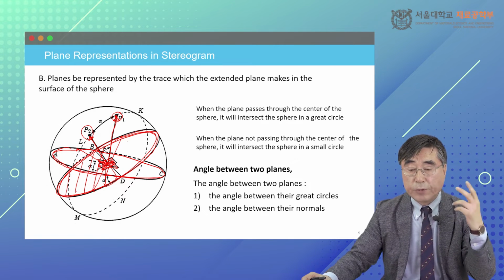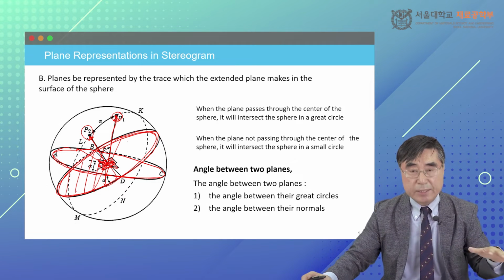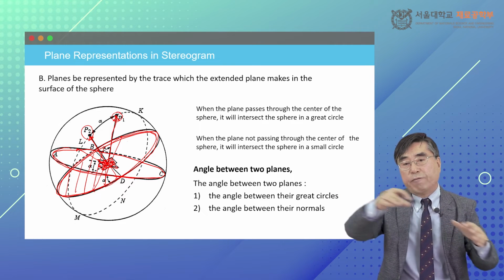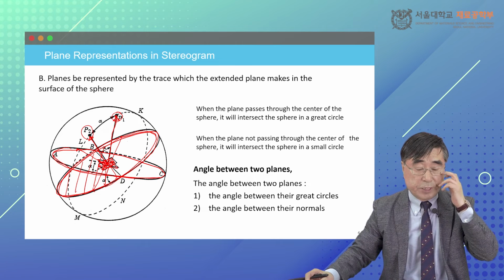So there are two different ways to define the plane: as a pole, or as the set of lines in the plane which you extend to find the set of points which touch the surface of the sphere.